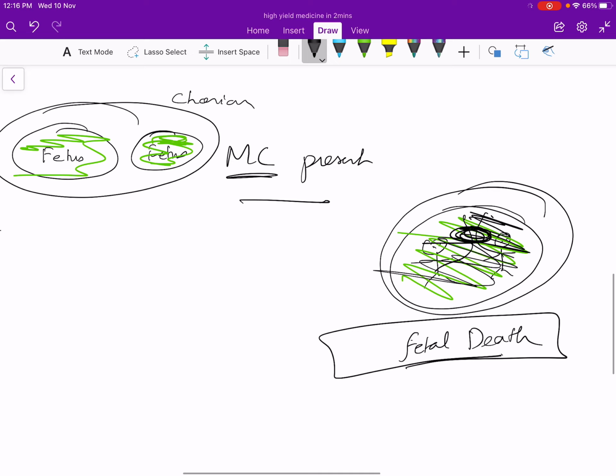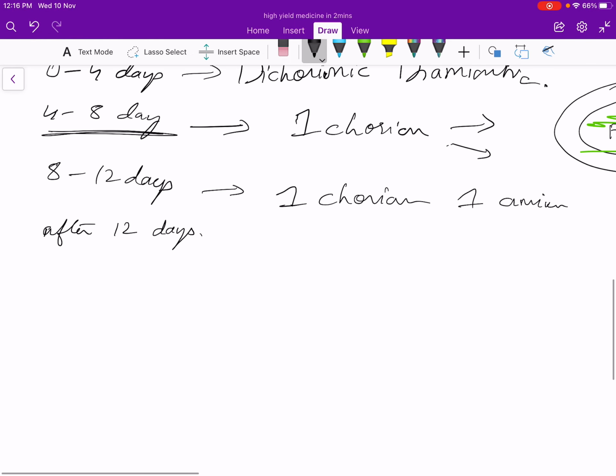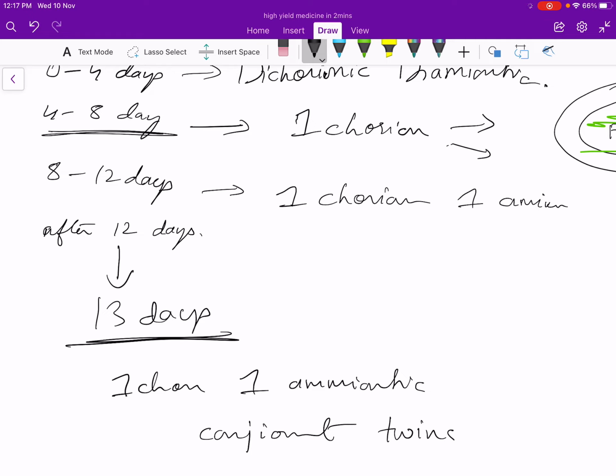And suppose there is no division even in the first 12 days, and it goes after 12 days, after 13 days, it's going to be single chorion, single amnion, and the most important thing is it's definitely going to be conjoined twins, a conjoined pregnancy.